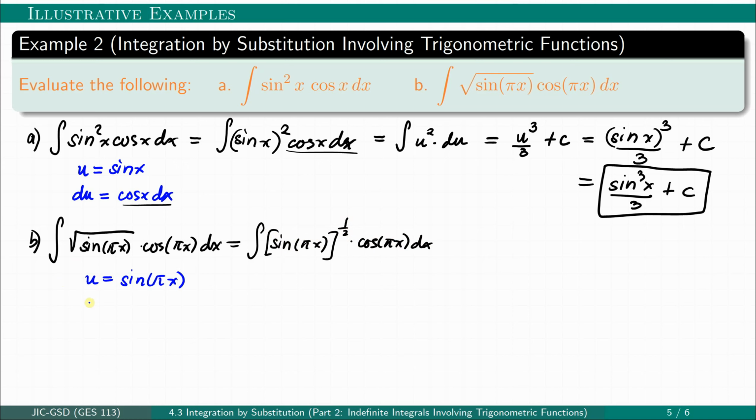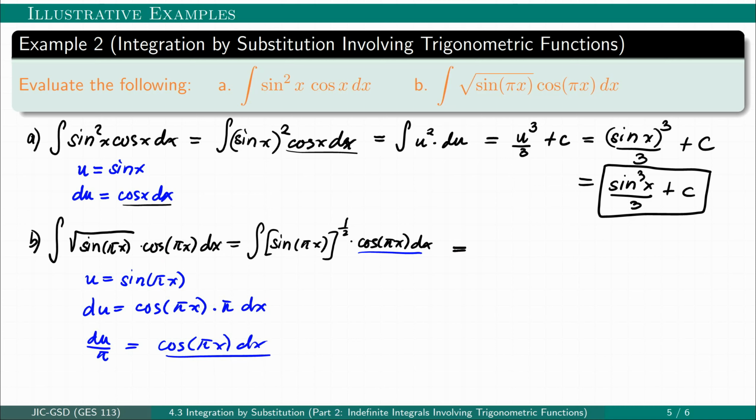Taking the derivative on the left side, we will get du. On the right, the derivative of sine is cosine pi x, but we have to apply the chain rule. We have to multiply by the derivative of the angle. So the derivative of pi x is just pi, and then we have dx. Take note, we do not need the pi here, so we can divide by pi both sides. So this will be cosine pi x dx, which is actually what we need.